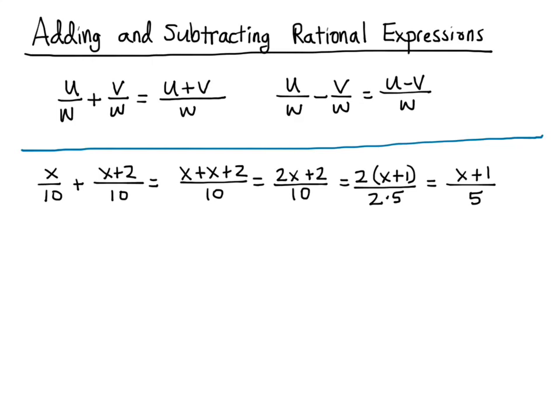You have to make sure that this 2 is dividing every single term in that expression. You never do division term-wise. You only do division factor-wise. So what I did up here, where I had the 2x plus 2 and then the 10, I factored it, and so now I have multiplication: 2 times x plus 1 over 2 times 5.